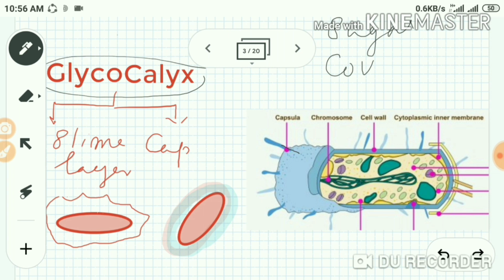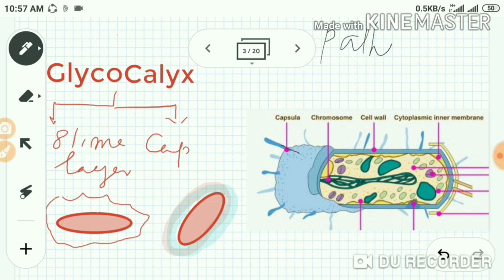And it is an optional structure, that means it is not present in all bacteria. This particular structure is seen only in certain bacteria, like certain pathogenic, disease causing bacteria, some marine bacteria, and some freshwater forms.